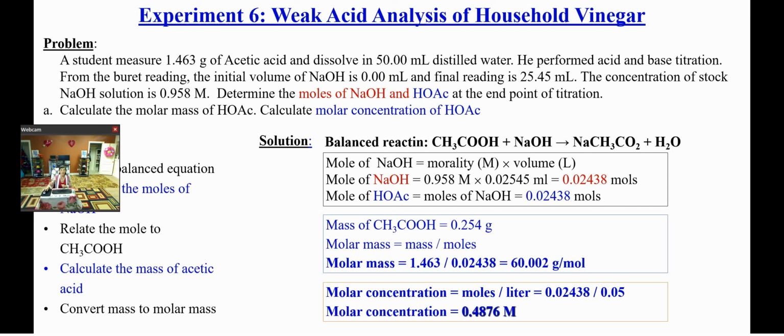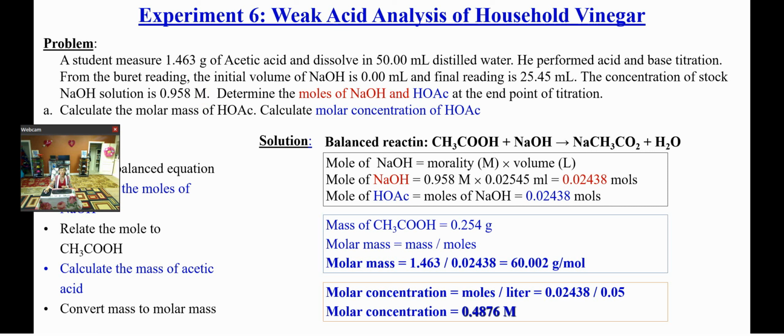In our case, assume your final reading is 25.45 milliliters. The concentration of your stock solution of sodium hydroxide is 0.958 molarity, moles per liter.